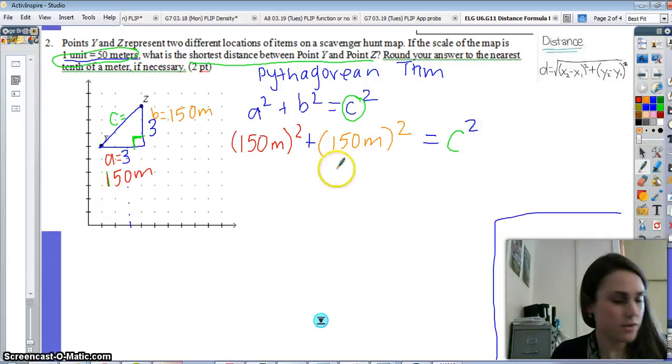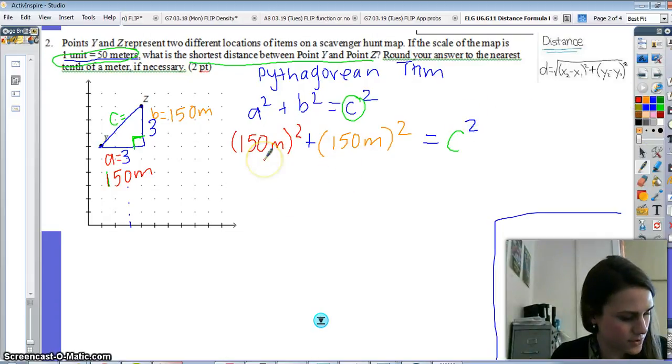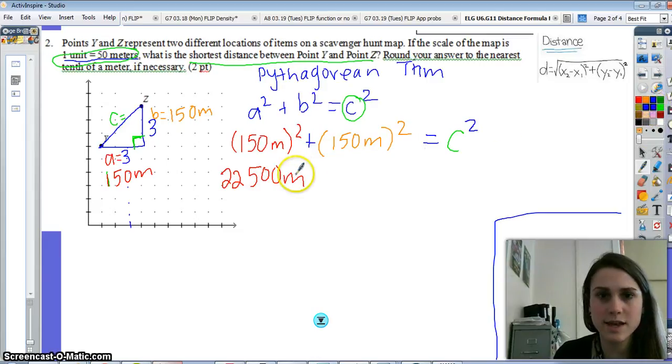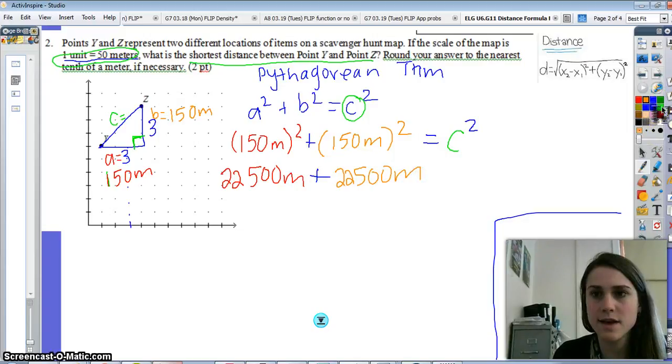So now I'm going to do some calculations. 150 meters squared equals 22,500 meters. So that means my leg B is also going to be that, because they're the same distance. And that is still going to be equaling my hypotenuse squared.